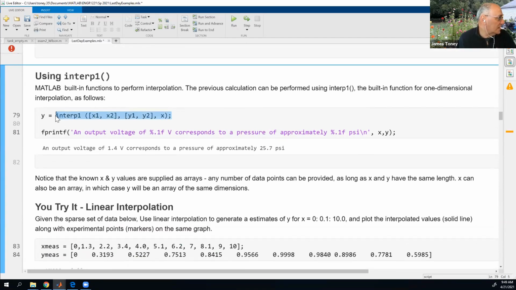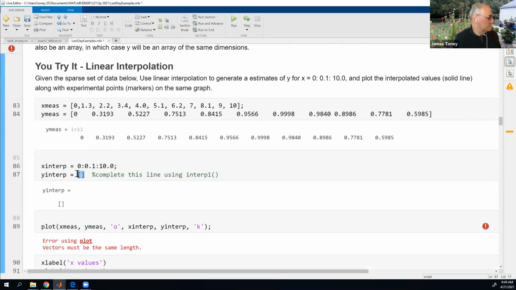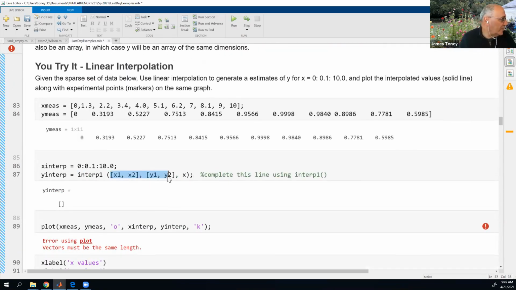So the first argument is going to be this set of x values, the second argument is going to be y mesh, and the third argument is going to be this vector of x values. So it can interpolate multiple points at once. It will give you back a vector of the interpolated y values, which you can then plot, and you'll see this piecewise linear curve going through the data points.